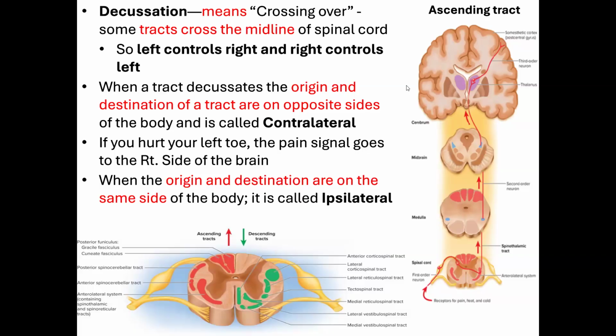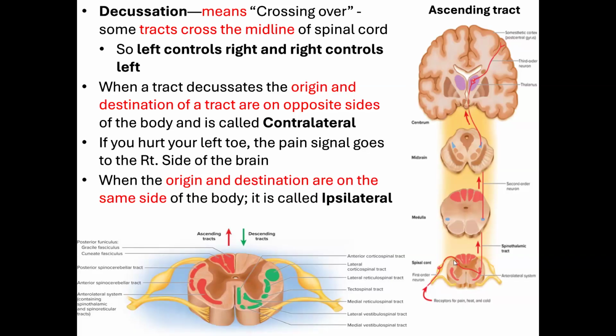So here you can see this is a tract. So there are receptors. You're touching, you're getting hurt, and the receptors in your hand or wherever it is take the impulses, and the impulses come to the spinal cord. We said it comes to the dorsal horn because it's sensory impulses, pain impulses.